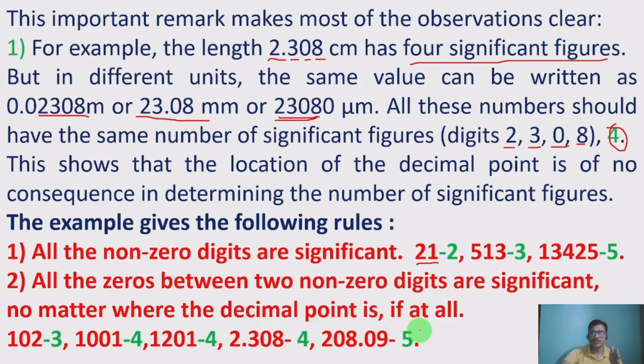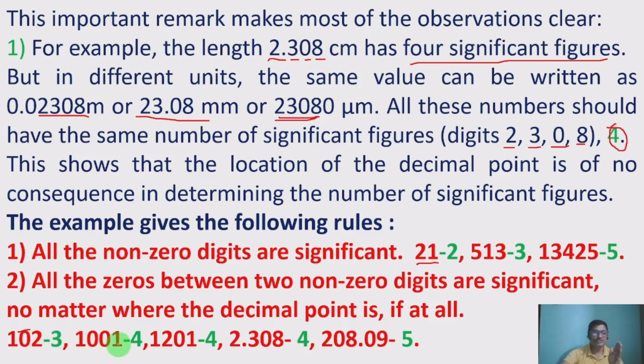Even if there is a decimal point, if a zero is between two non-zero digits, that is also significant. Here we can take 102 as a number having 3 digits, and 1 is non-zero, 2 is non-zero, and between these two there is a 0 that also becomes significant. Therefore, there are 3 significant figures.